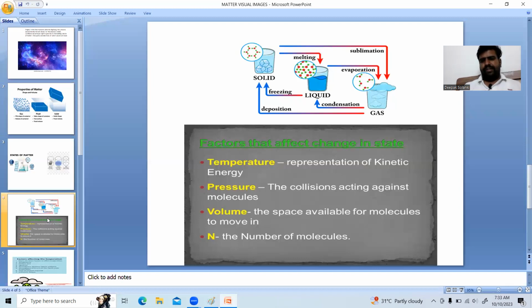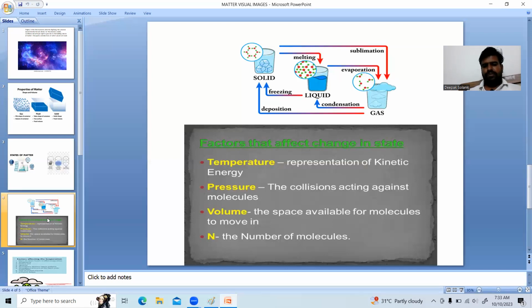The more the volume of the container, the more easily the molecules will move and change state. Next is the number of molecules.